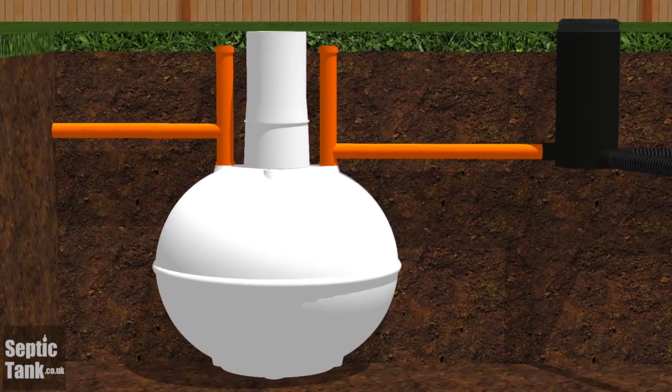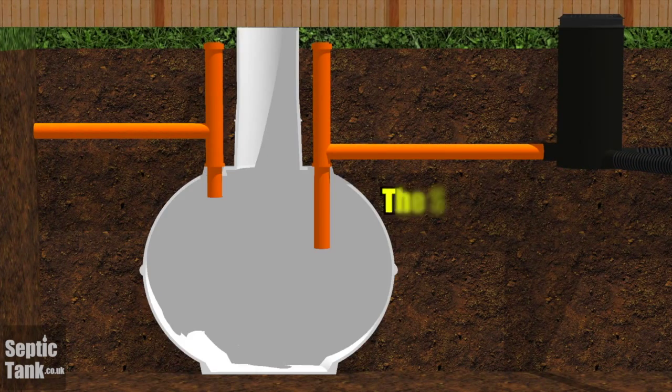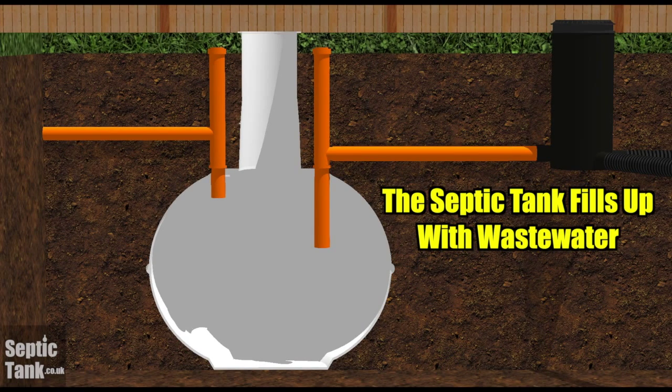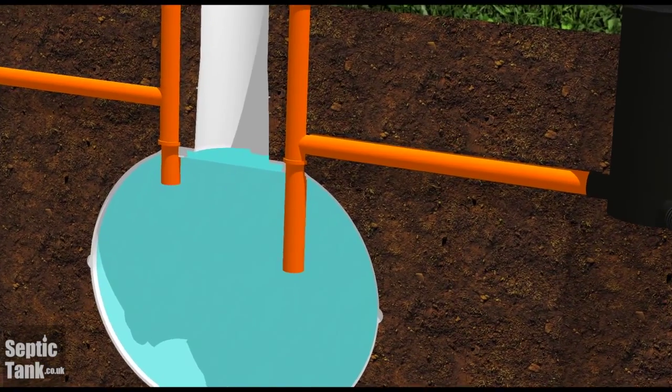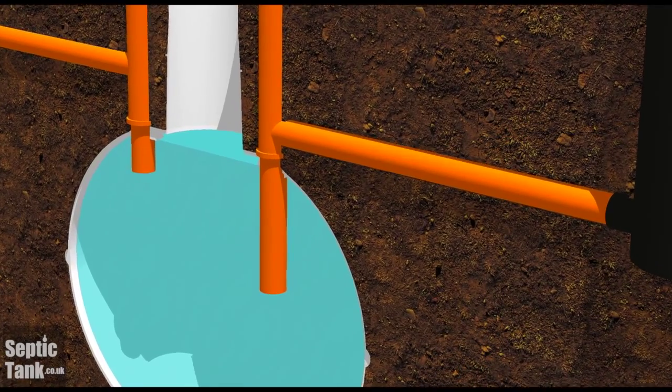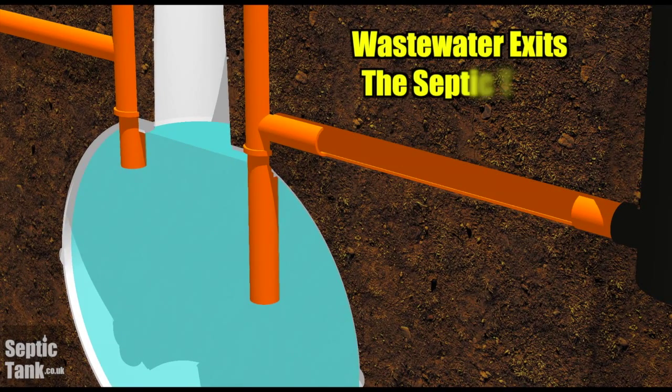Once the wastewater enters the septic tank, it fills up until the wastewater reaches the outlet pipe. The wastewater then exits via the outlet pipe from the septic tank towards the soakaway.